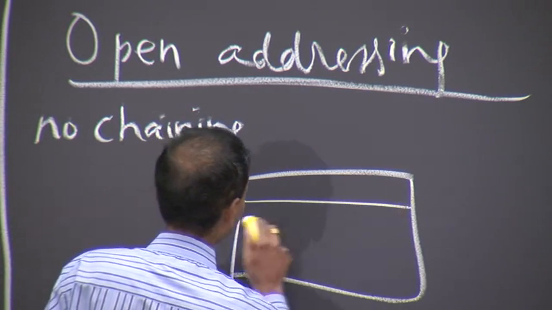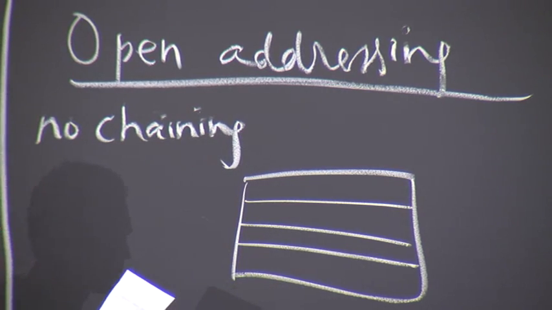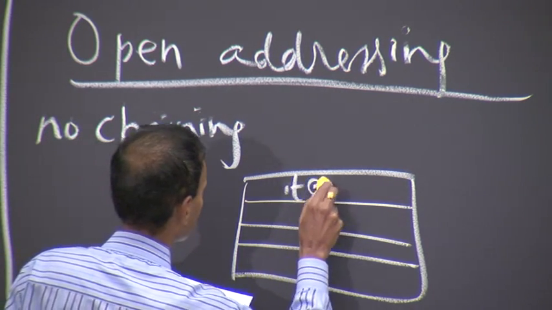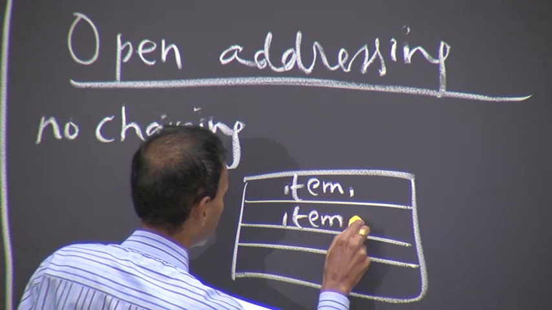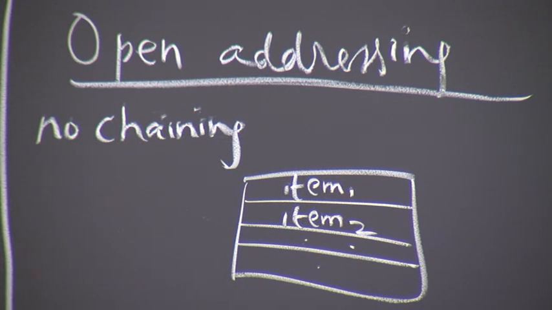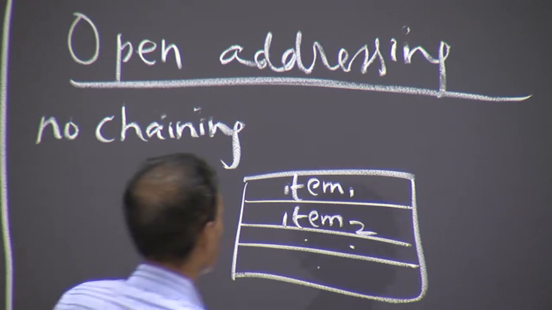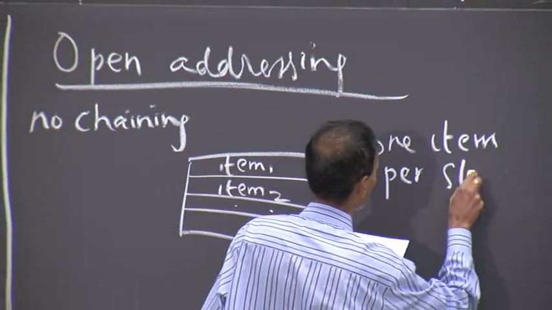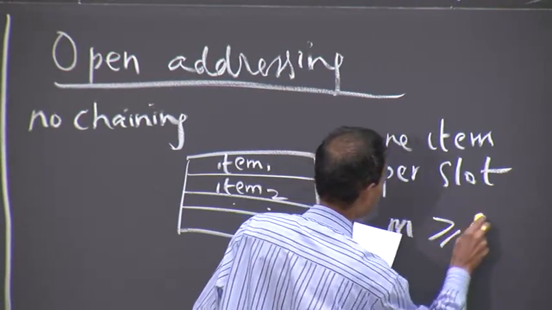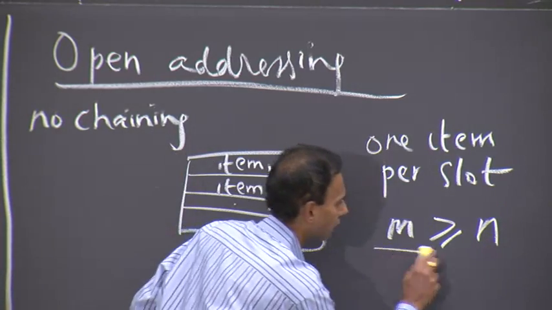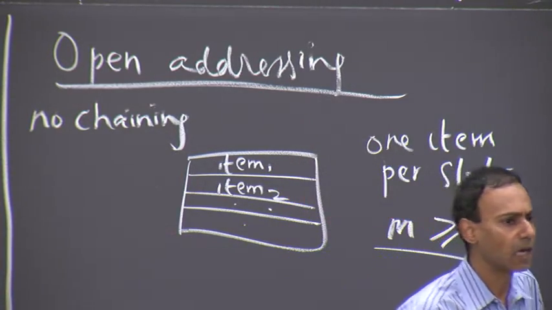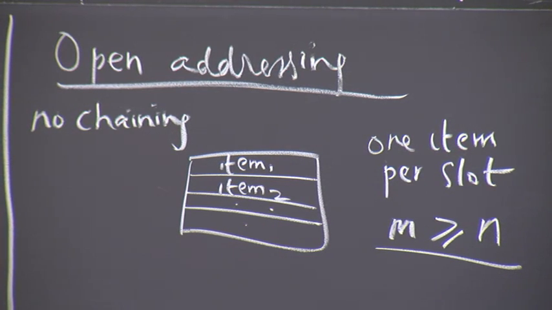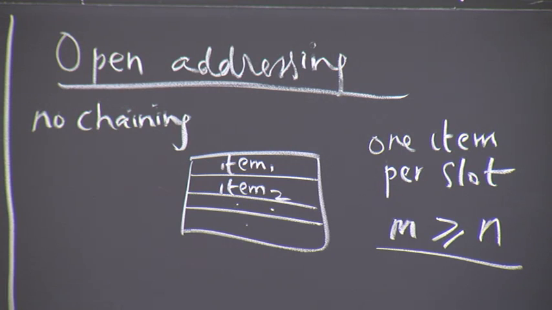And in particular, what we're going to do is assume an array structure with items. And we're going to assume that there's at most one item per slot. So m has to be greater than or equal to n. All right? So this is important because we don't have linked lists. We can't arbitrarily increase the storage of a slot using a chain and have n, which is the number of elements, be greater than m, right?